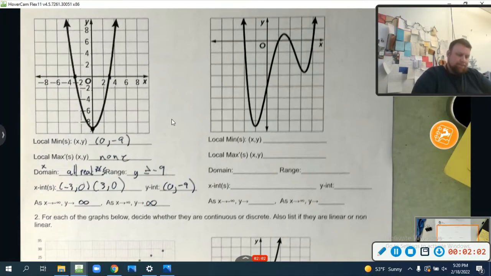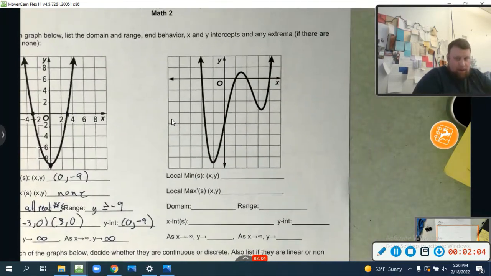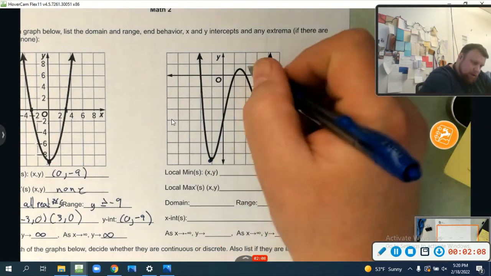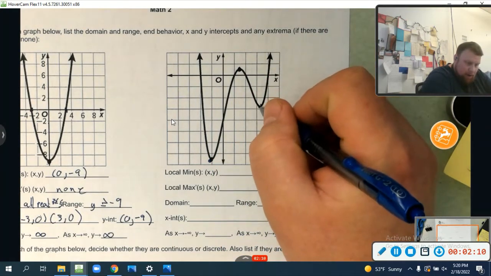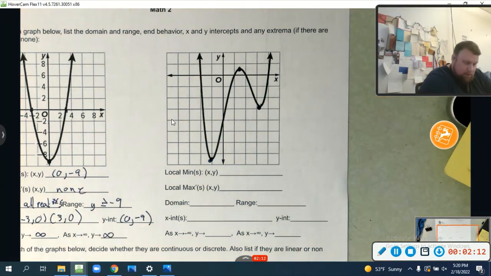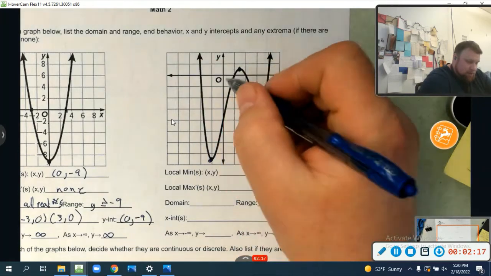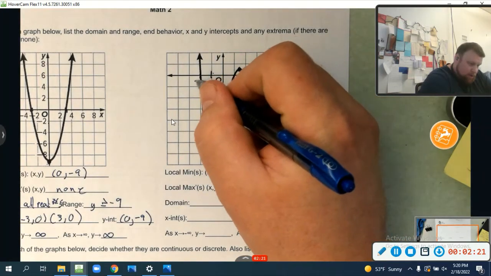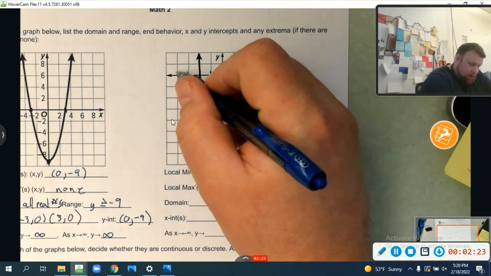Let's keep rolling. Looking at this one right here, I see extreme points here, here, and here. Okay, and I'm assuming this is a scale of 1. Nothing says anything, so we'll call this a scale of 1, 2, 3, 4.